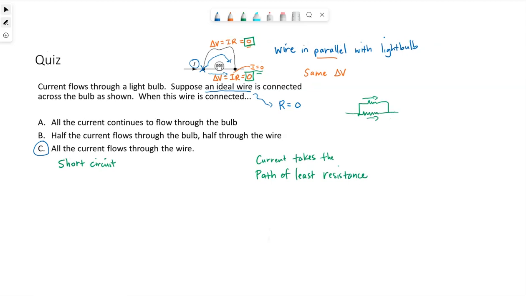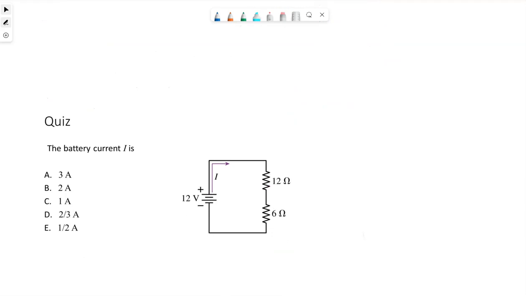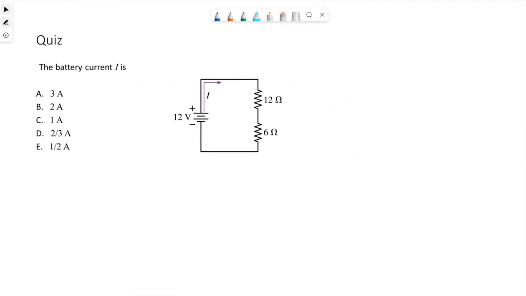Okay, we have another question here. What do you think about this one? The correct answer on this one is D. To find the value of current, we know both of these resistors are going to have that battery current flowing through them.